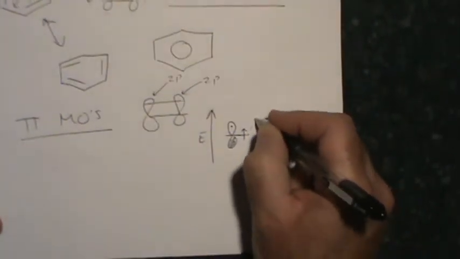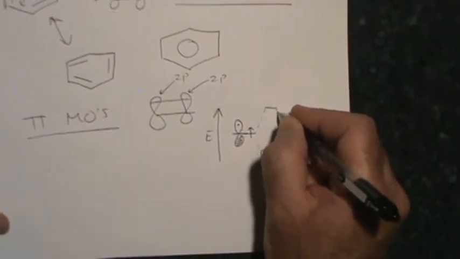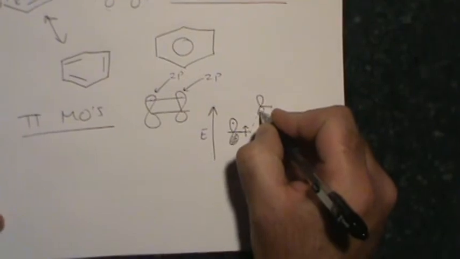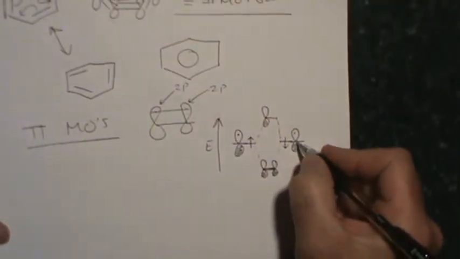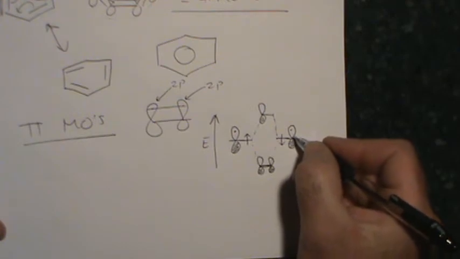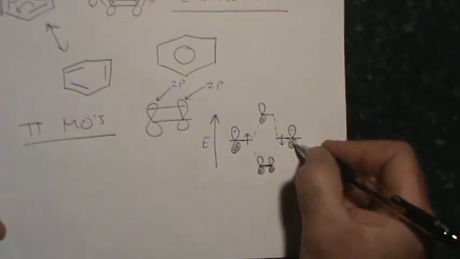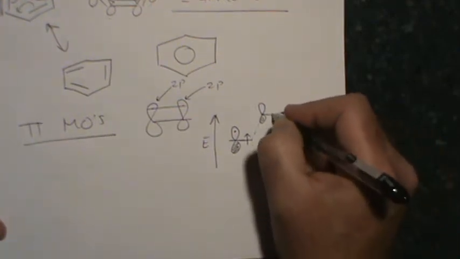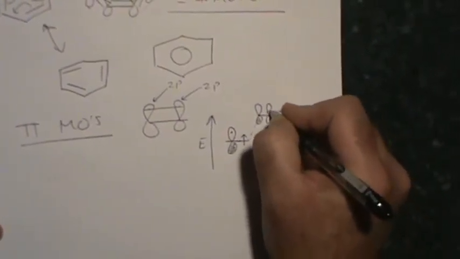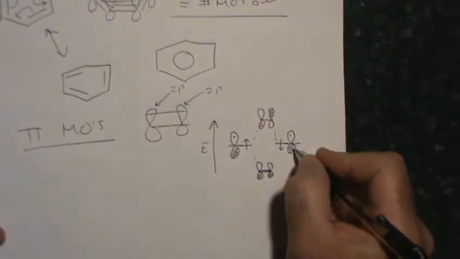However, it's also possible to take this p orbital here on the left and to subtract this atomic 2p orbital on the right. And when we subtract it, mathematically, we simply change the shading. So now, wherever it was unshaded, it's shaded, and wherever it was shaded, it's unshaded.